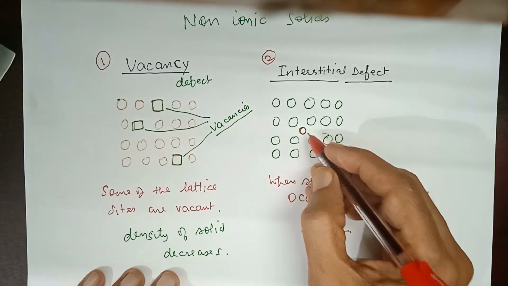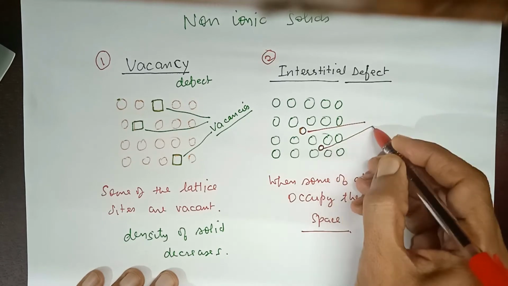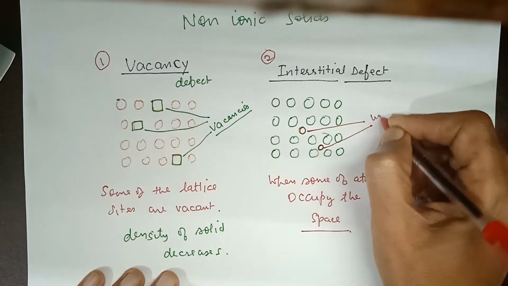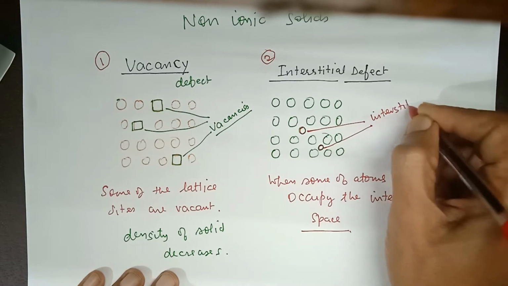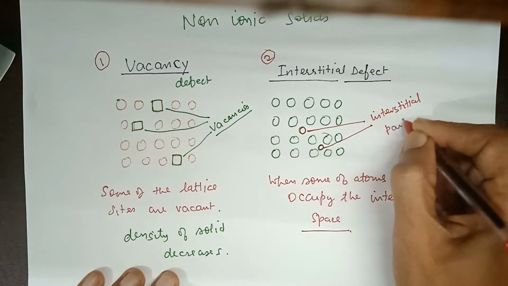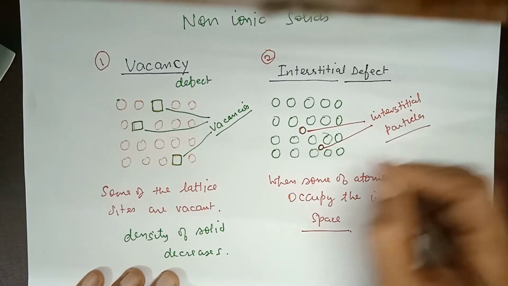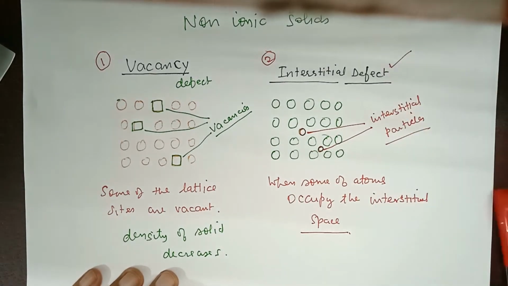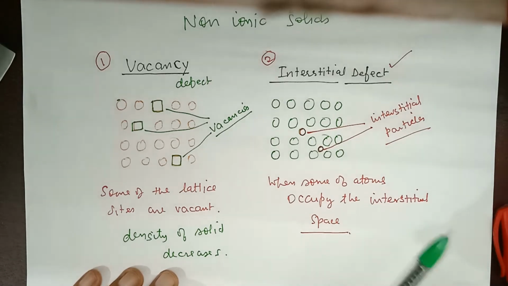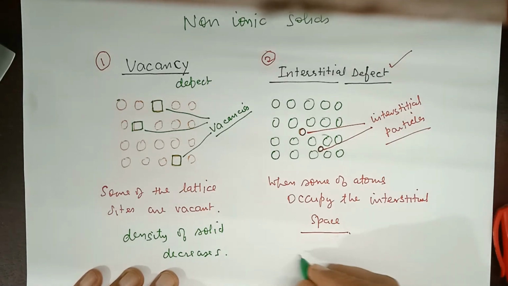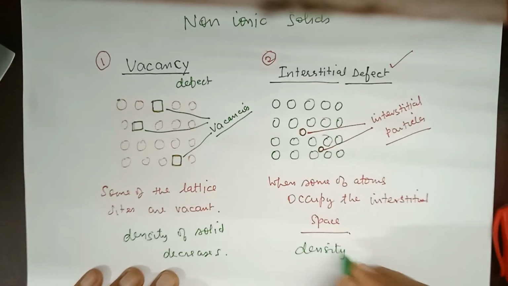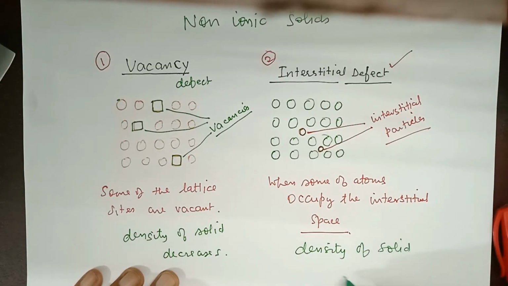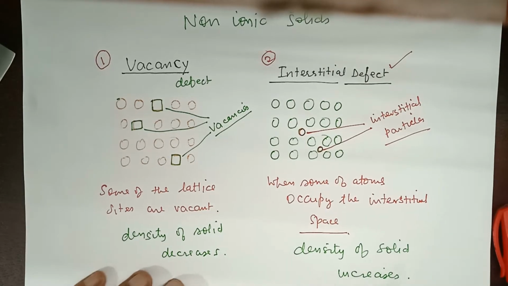These are interstitial particles. So due to the presence of these interstitial particles, interstitial defect has taken place, and due to this defect, the density of the solid increases.